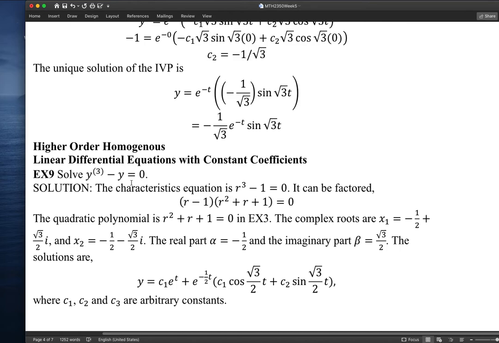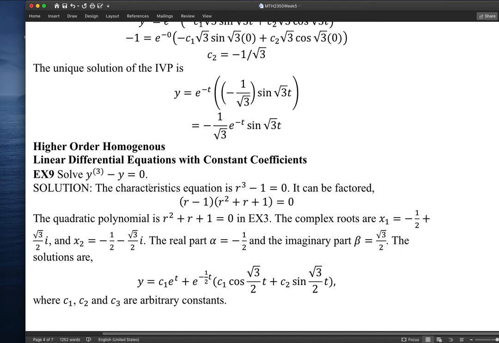It is a characteristic equation. And similarly, higher order linear differential equations all can be solved from higher degree polynomials.